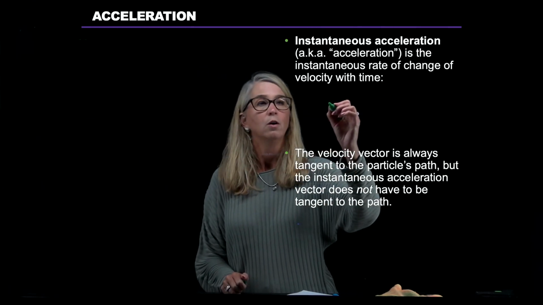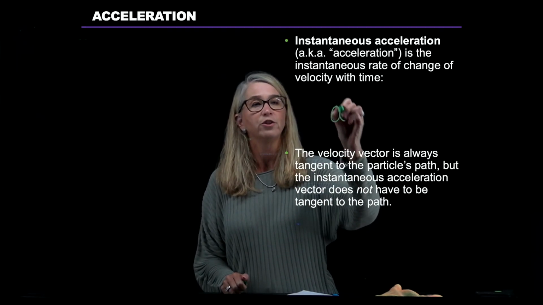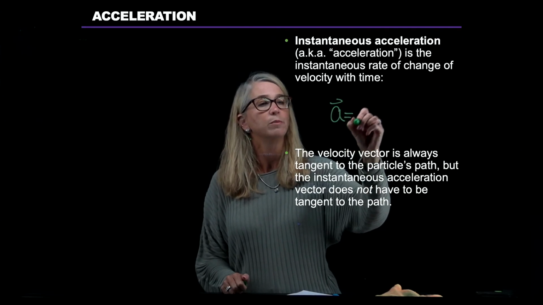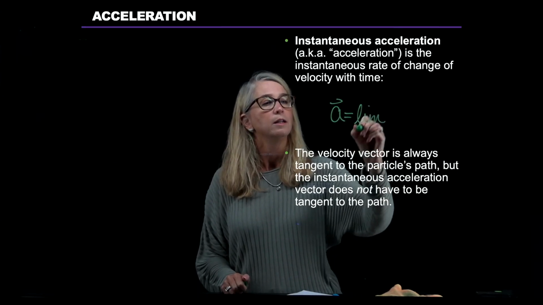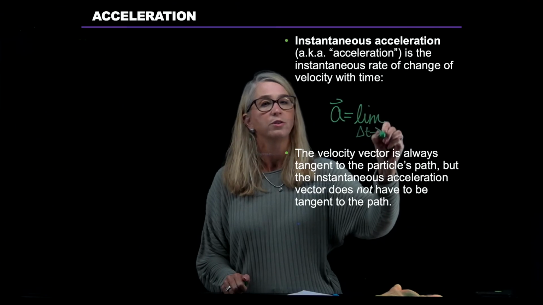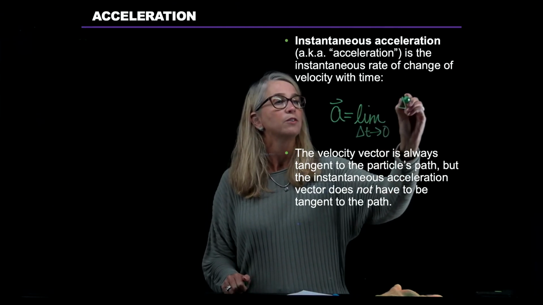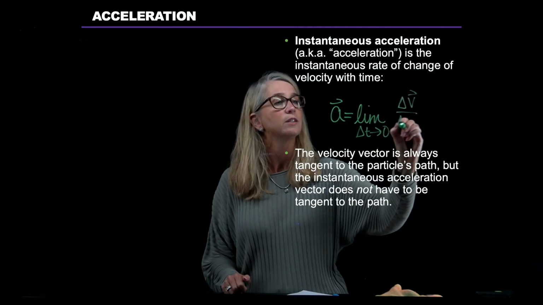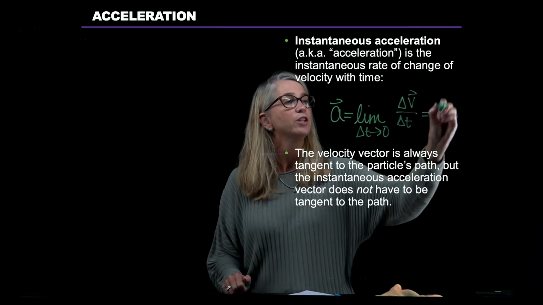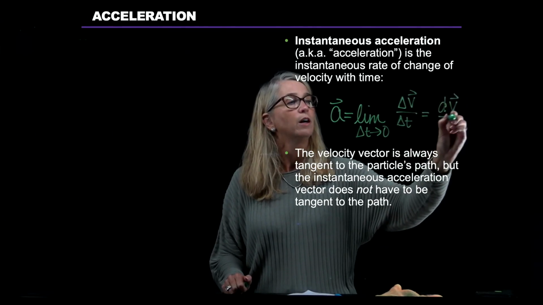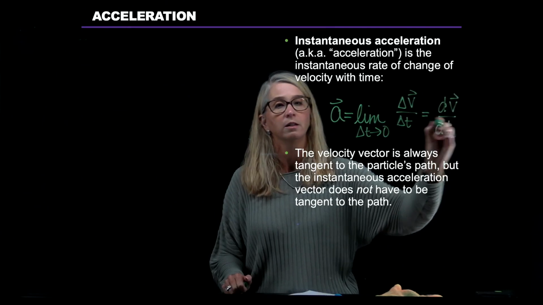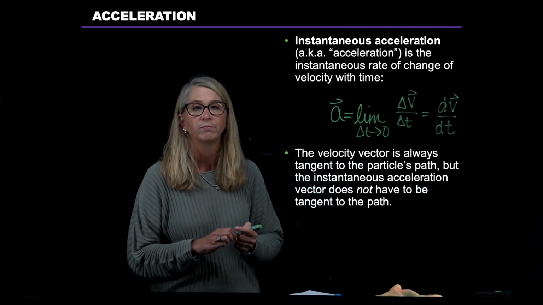And so what we're going to say is the acceleration vector is just going to be the limit as delta t goes to 0 of delta v over delta t, which by definition is the derivative of velocity with respect to time.